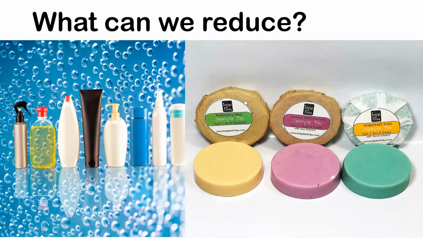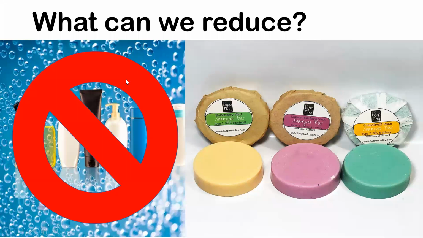Now, there are some people who create shampoo, we call them shampoo bars. Yes, it's a bar, but it's shampoo, though I'm not sure if it's already available in Cambodia. So if we use a shampoo bar, then we do not need to throw away shampoo bottles, right? If you can use the shampoo bar, then please use the shampoo bar.